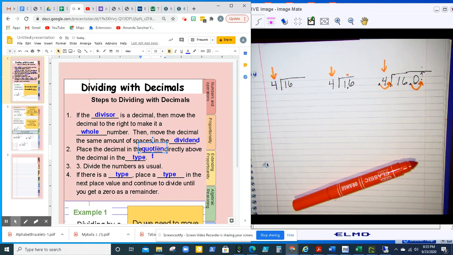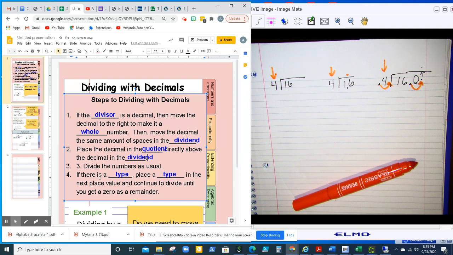directly above the decimal in the dividend. You divide like normal.